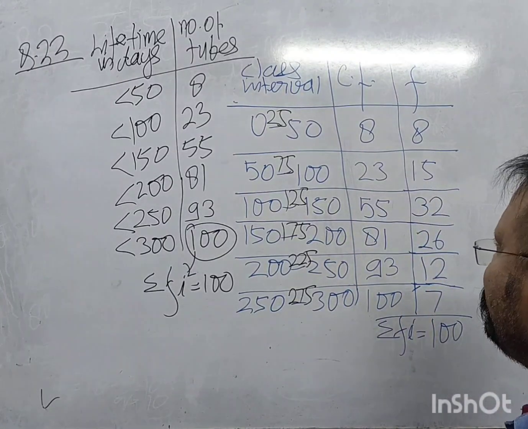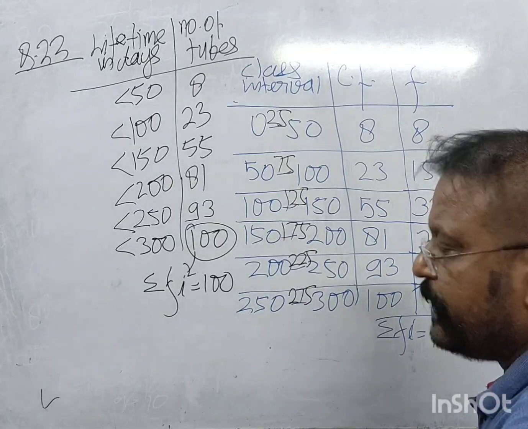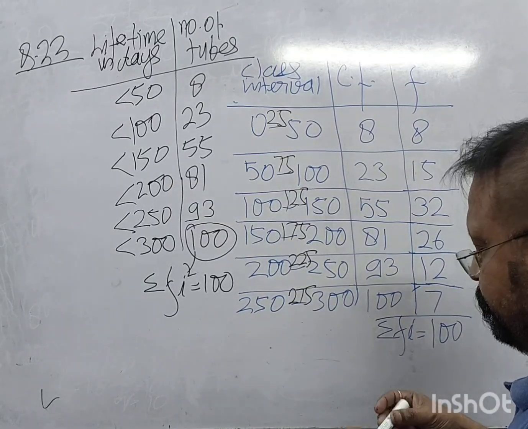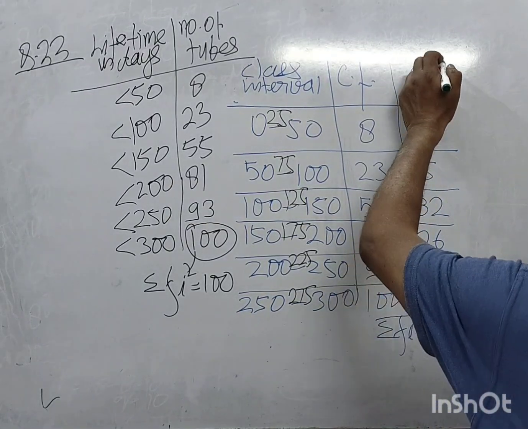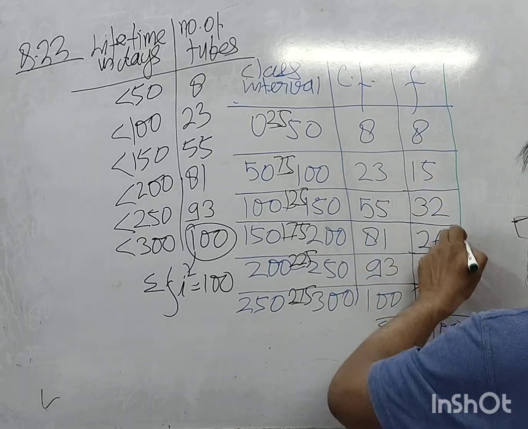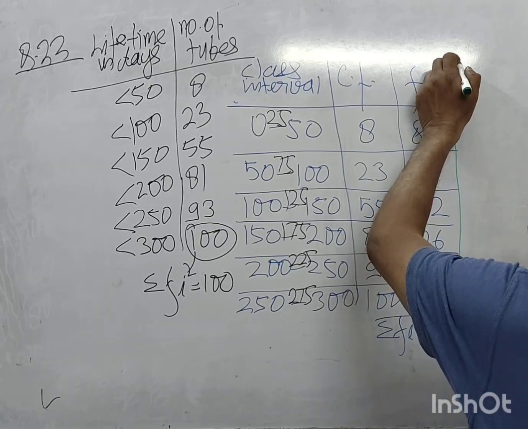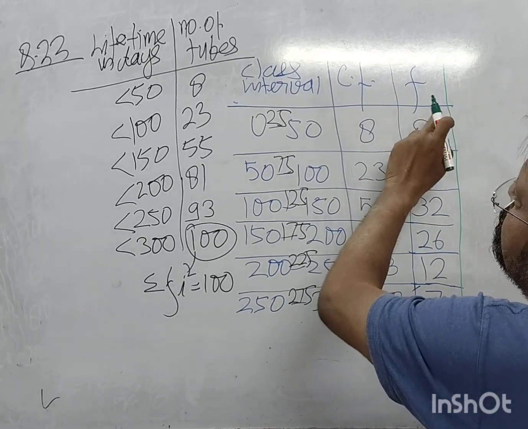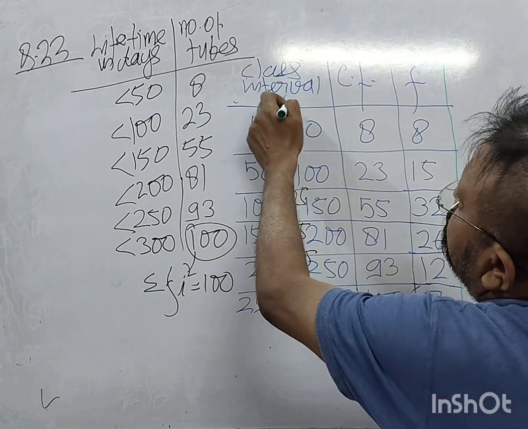Now I'll not go without this. 8 times 25 becomes 200. This is x we have.